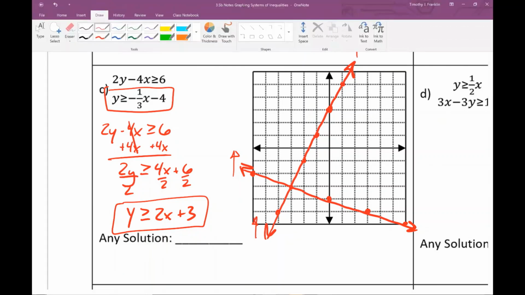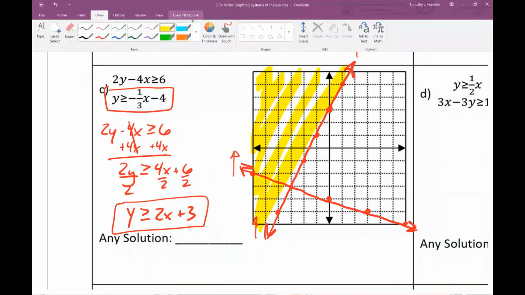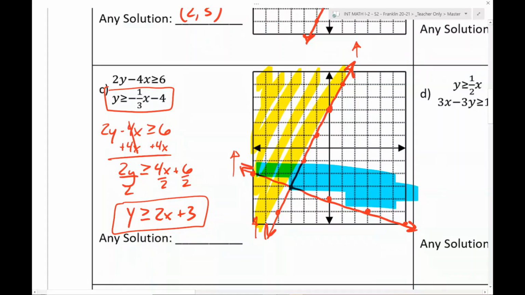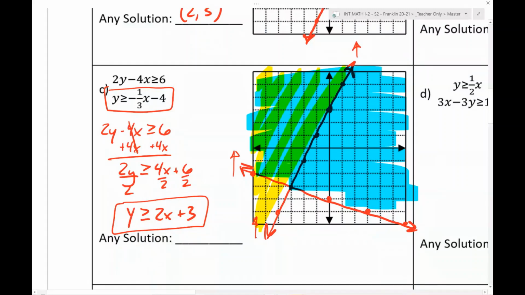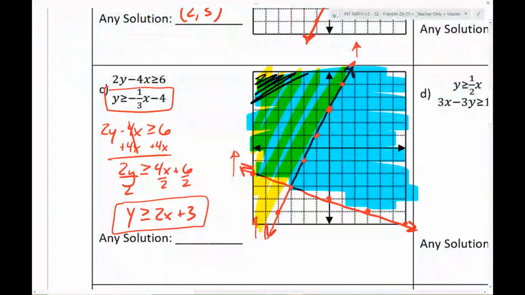And so you can see where the overlap would be. This line is shaded above, so it's here. And the other line is shaded above, so it's like this. And the overlapping area is right here. This region right there.